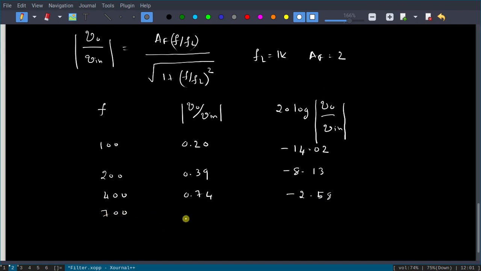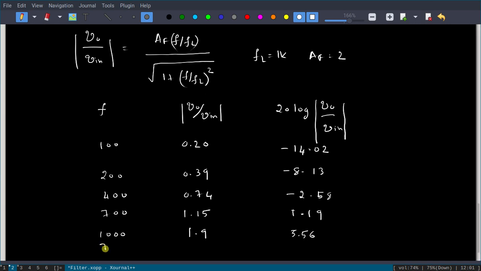If you take 700, your gain will be 1.15, and in the dB scale this will be 1.19. The next one is 1000. If you take 1000, that means the 1 kilo cutoff frequency, your output voltage or gain will be 1.9, and in dB scale it is minus 5.56.